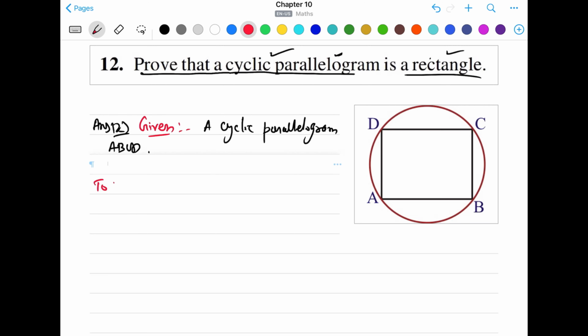Okay, this is what is given to us. We have to prove that ABCD is a rectangle.